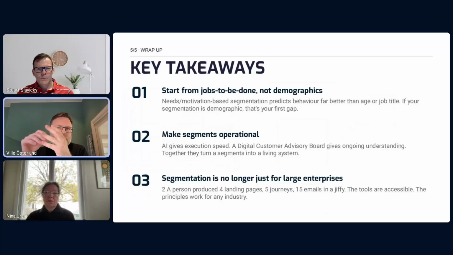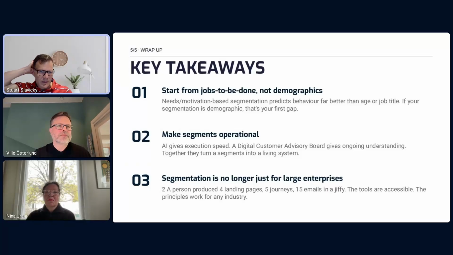Needs-based segmentation really predicts behavior far better than age or job title or a purchase. And if your segmentation is demographic, that's your first gap to close to move up in that pyramid. Yeah, that was certainly our case. We had really thin data to work with, and we just needed something much more tangible to start progressing with.